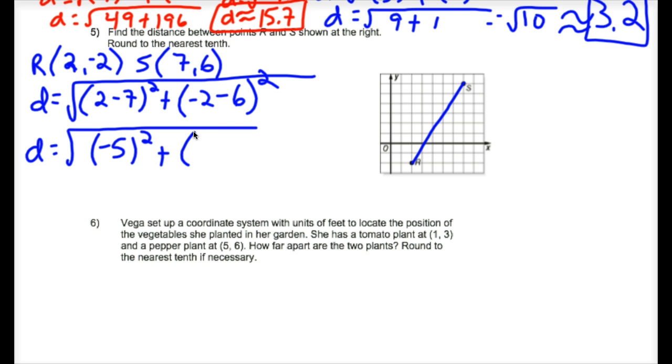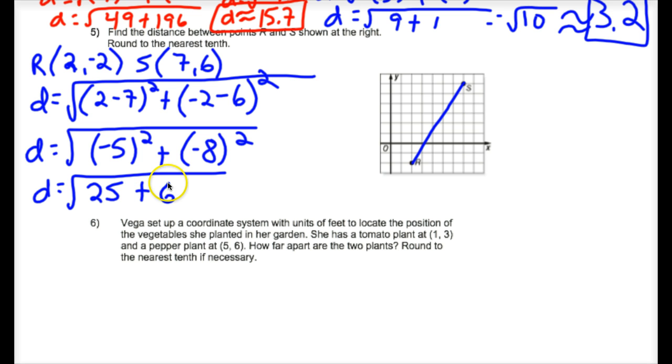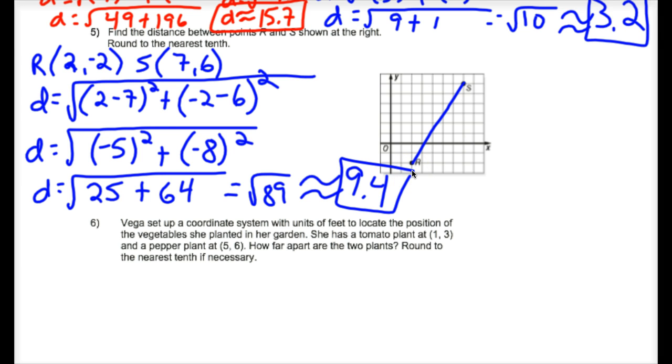Negative 2 minus 6. Negative 8. What's negative 5 squared, Callie? Plus 64. 89. Square root of 89 is... Some people are just going to leave 89 as their answer, guys. Don't do that. Make sure you square root it. I got 9.4. That looks right. About 9.4 units.